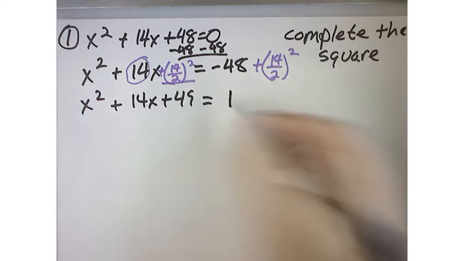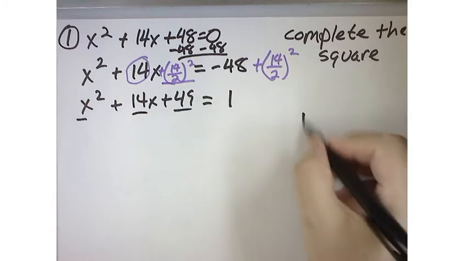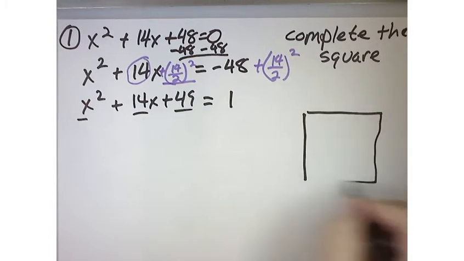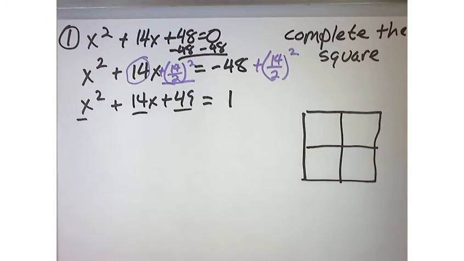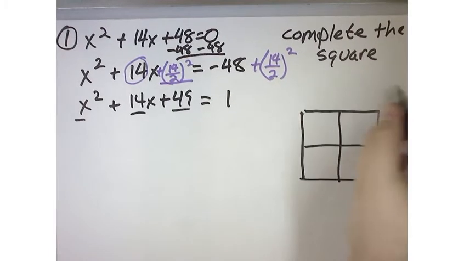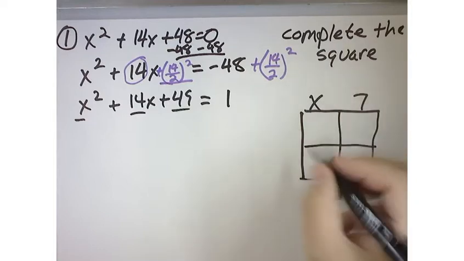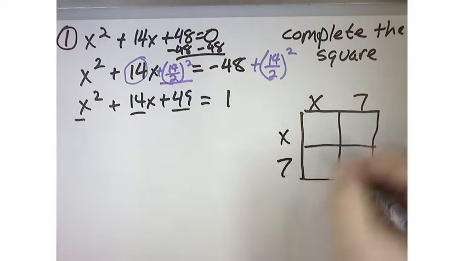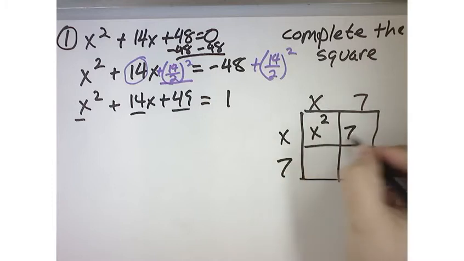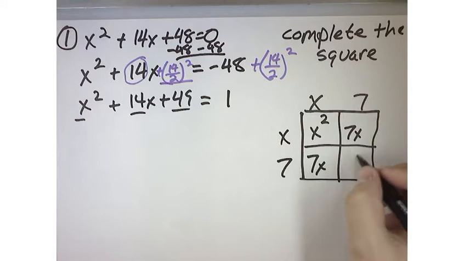1. Now this expression is a perfect square. What is 14 divided by 2? 7. So if I take x plus 7 times x plus 7, I'll get x squared plus 7x plus 7x plus 49.